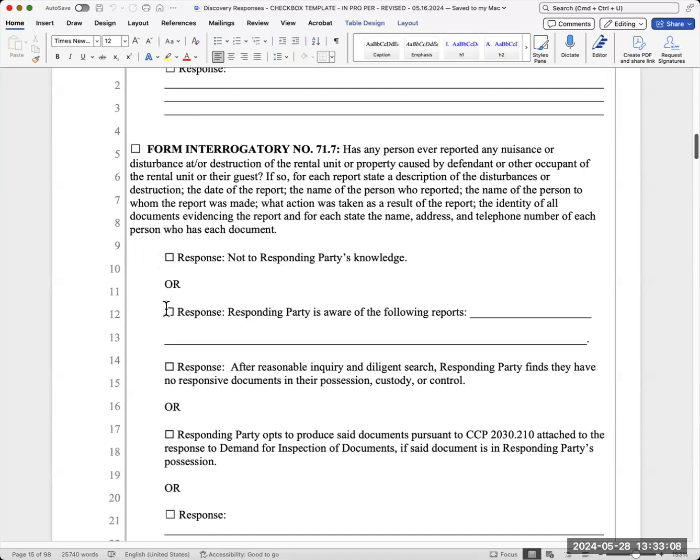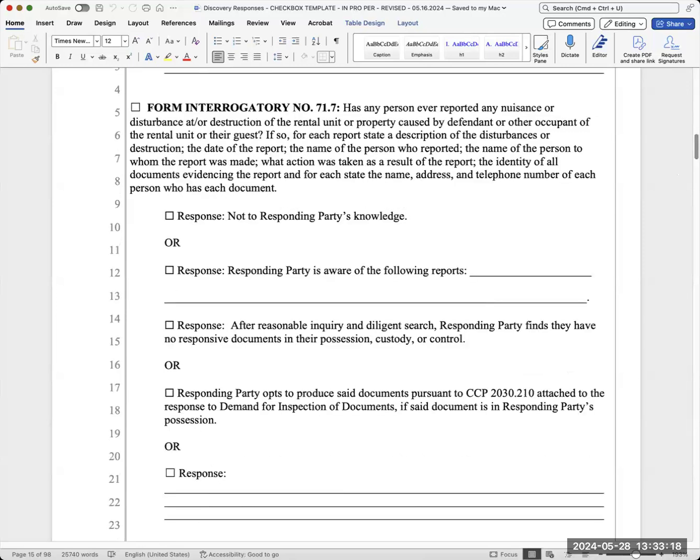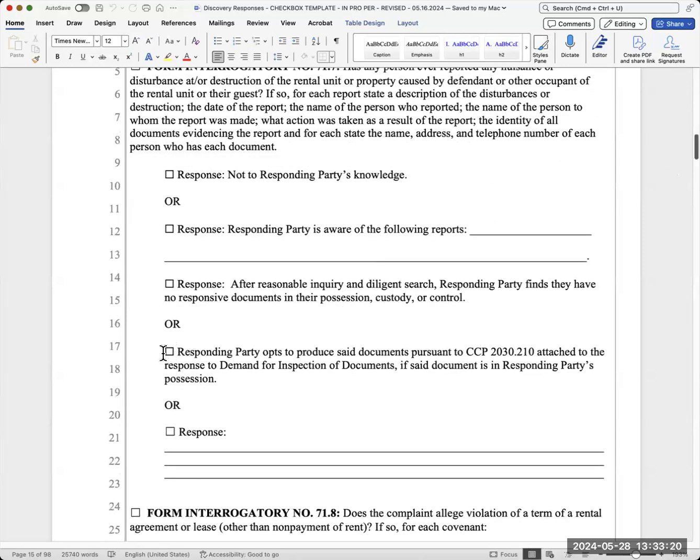If you're aware of one or more specific reports, you check here and write it out. And then down here, this is about evidence of those reports. If you have tangible evidence, you check it here and include it in your binder. Otherwise, check here: you've searched, but you don't have any in your possession. If you have some other response, you write it down here.